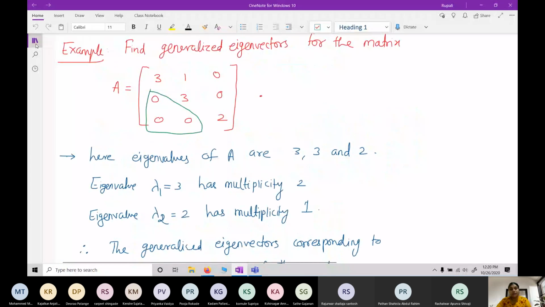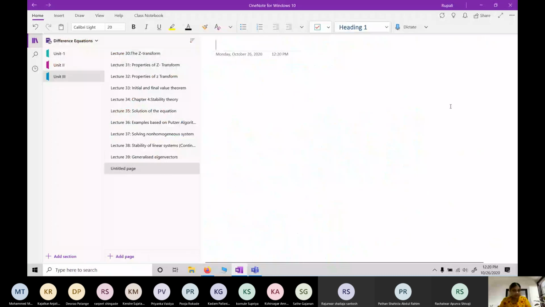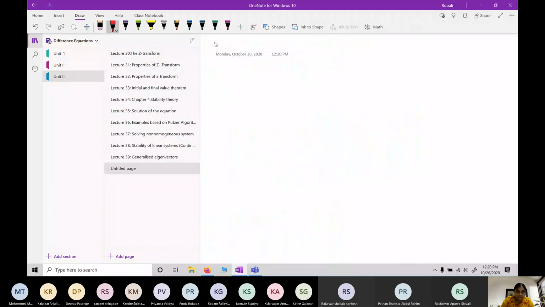we are going to see what a stable subspace is. So this is lecture 40. We are going to see the stable subspace theorem.